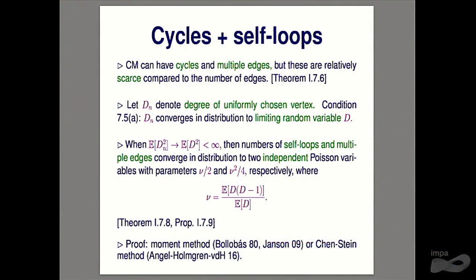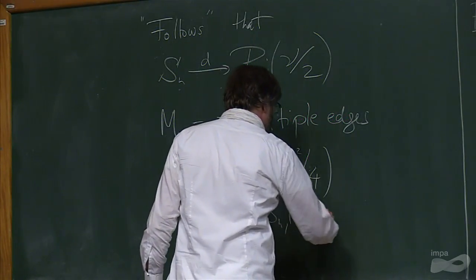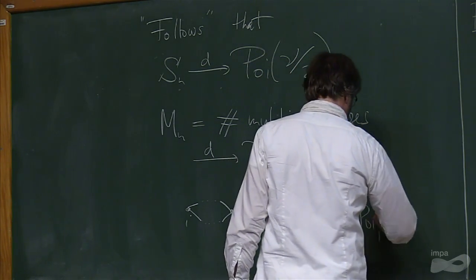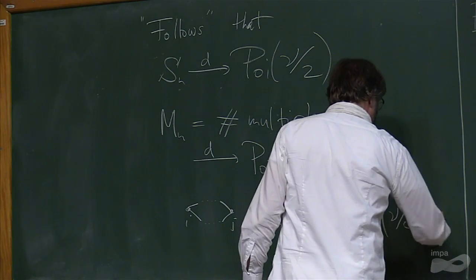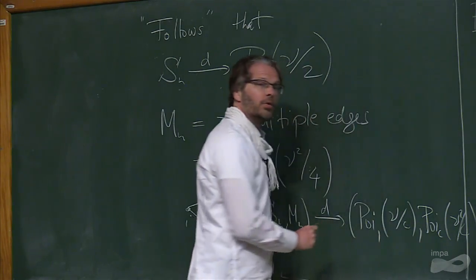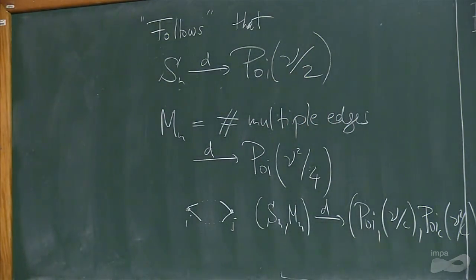It's actually not very difficult to make this stick and even get that these two limiting variables, that actually S_n and M_n jointly converge in distribution to two independent Poisson random variables: Poisson 1 with parameter nu over 2, and Poisson 2 with parameter nu squared over 4. So that in particular implies that the probability for simplicity is just going to be the same thing as the probability that S_n and M_n are both 0, which is going to be the probability that these Poissonians are going to be 0, which is just e to the power minus the parameters.